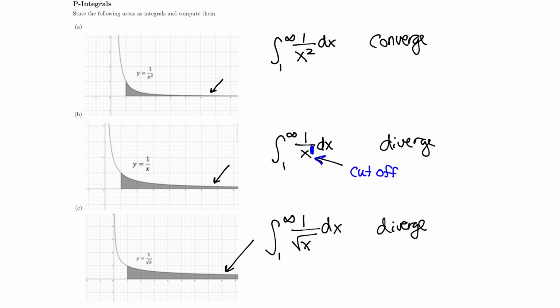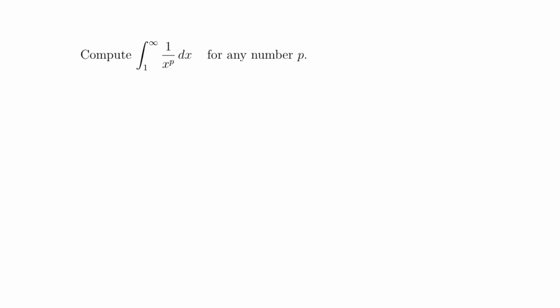And I challenge you, if you like math, any of my actuarial science math majors, math ed majors, education majors, I challenge you guys to go home and understand why this becomes a cutoff, why this is a break, why integrals that have bigger powers converge, and those that have smaller powers, like 1 and a half, diverge. Look at the integrals. Work a couple out. It won't take you more than 5 to 10 minutes, but look at those patterns and see why that's true. But the rule is this.